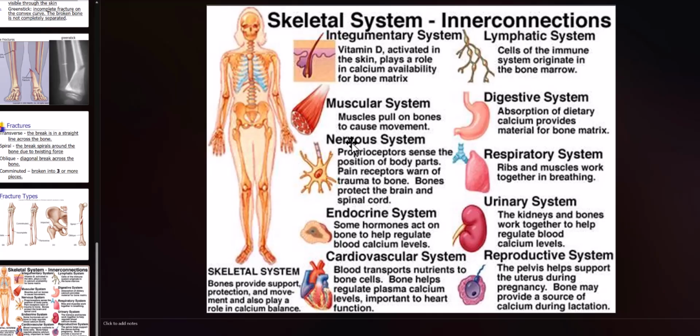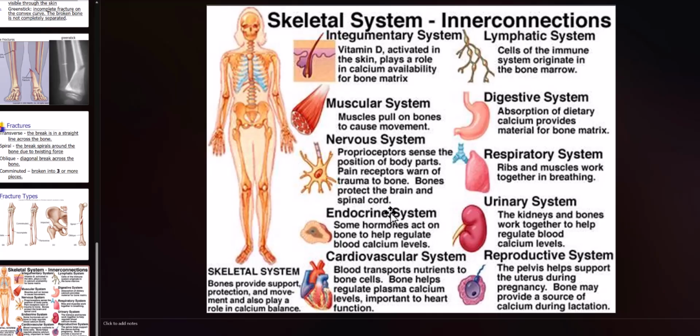You've also seen evidence that bones have different foramina, which allow nerves to pass through. So we know that there's a lot of connection between the nervous system and the skeletal system. And let's not forget the most obvious one, and that is that the bones of the cranium and the face protect the brain, and our vertebrae protect our spinal cord.